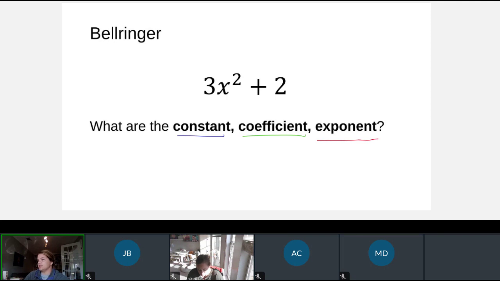So a hint, there is a constant, coefficient, and an exponent in this expression. All 3 are in this expression.